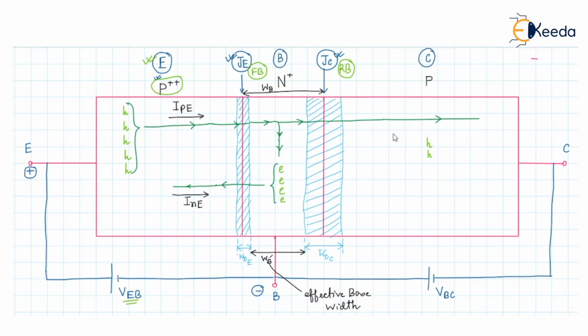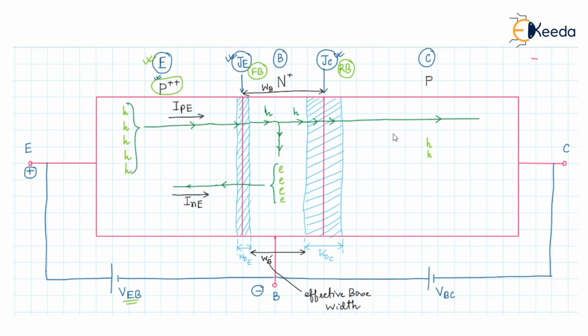Now, when the holes come into the base region from the emitter region, they become minority carriers. So here the holes are the minority carriers in the base, and the JC junction is reverse biased, so the minority carriers can cross this junction.